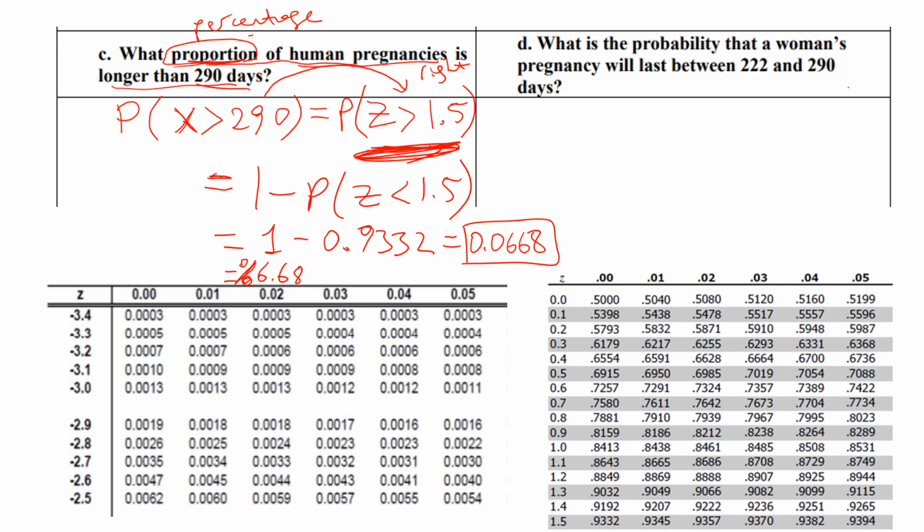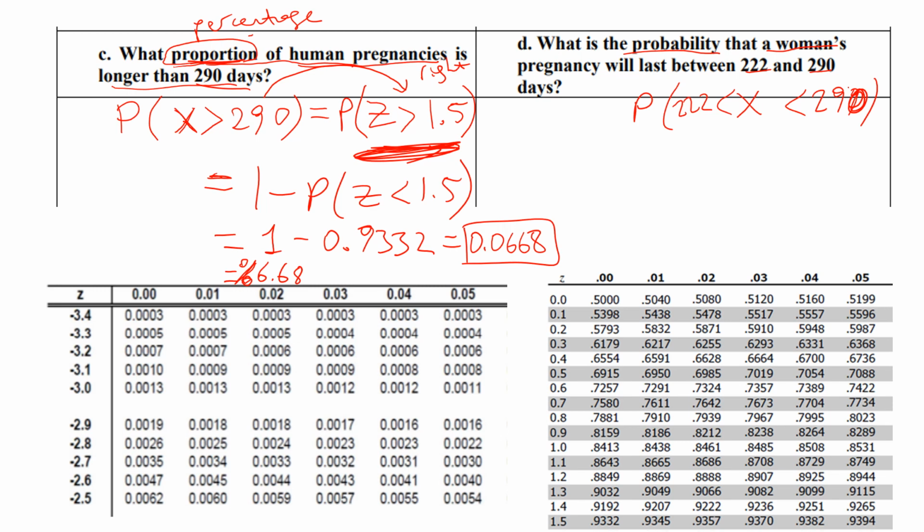Now, the second question is, what is the probability that a woman's pregnancy will last between 222 and 290? In terms of x, the length of the pregnancy, we are looking at the probability that x is between 222 and 290.